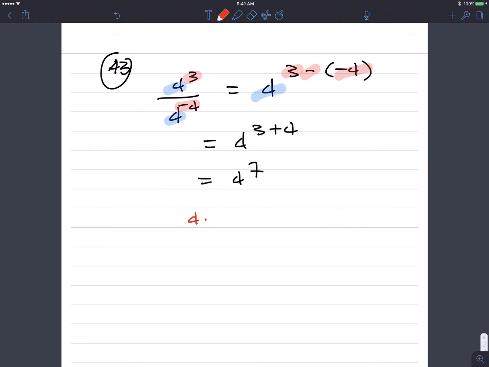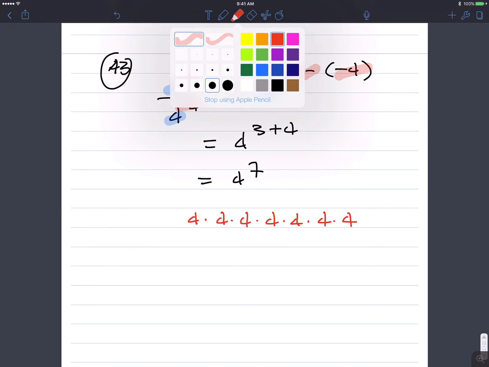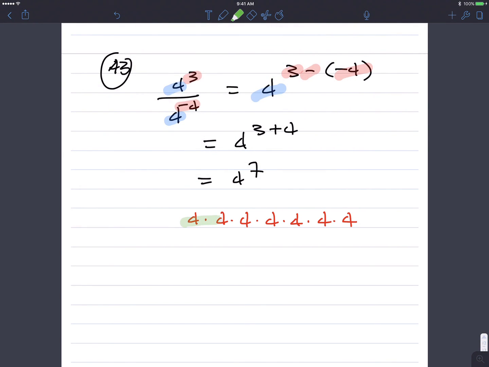Again, we have 4 times 4 times 4 times 4. 1, 2, 3, 4, 5, 6, and 7. So let's multiply the first 3, and then the next 3. Notice that 4 times 4 times 4 is 64, times 64, times another 4.